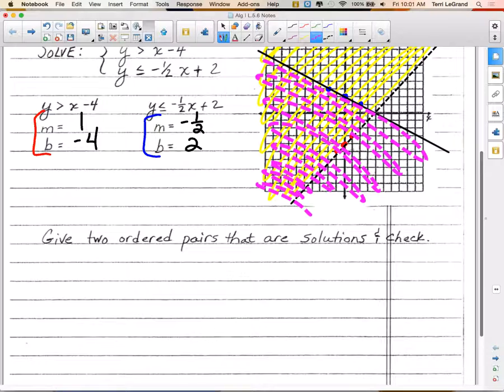When you're shading this one, shade a different direction. Preferably, it makes it a little easier to see.